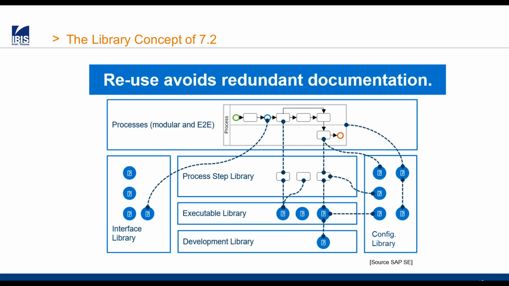The main point here is, of course, to avoid redundant documentation. And this makes maintenance much easier for the future than it was before. If you recall all those older documentations of Solution Manager 7.1, where there were multiple solutions, projects, multiple assignments of the same executables, whatever, it was quite a mess.